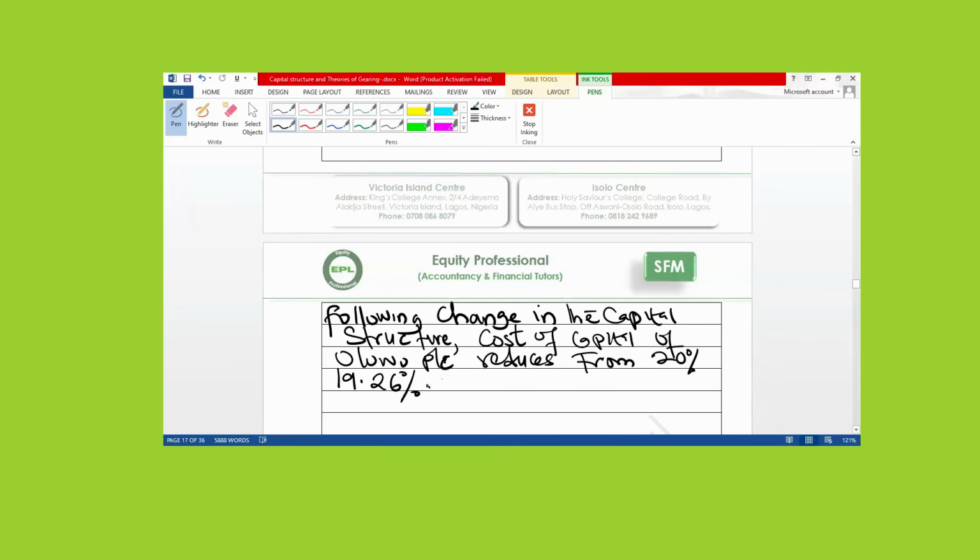That is the impact of tax relief by financing your business with debt. You are going to have tax shield, tax benefits.